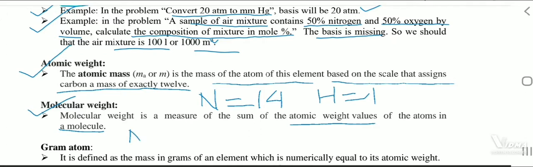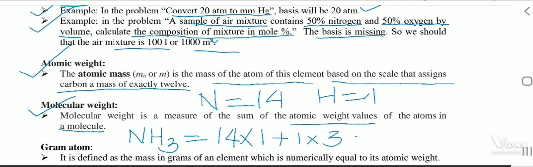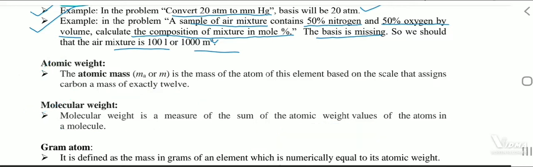For example, the molecular weight of NH3 will be the atomic weight of nitrogen times the number of atoms of nitrogen present in ammonia, plus the atomic weight of hydrogen times the number of atoms of hydrogen present in ammonia, which equals 17. So the molecular weight of ammonia is 17.